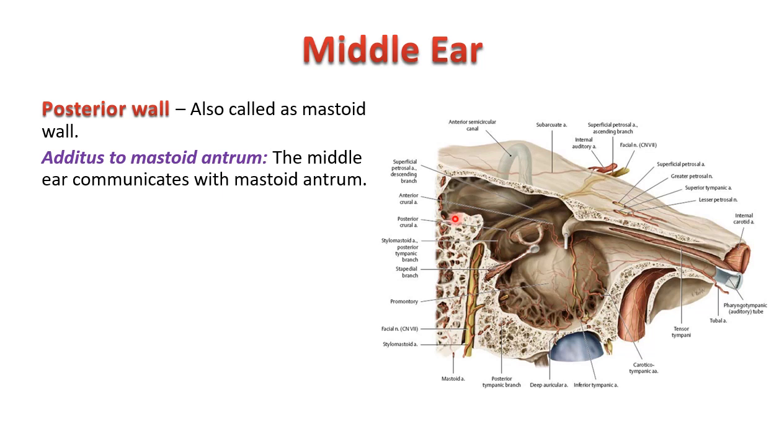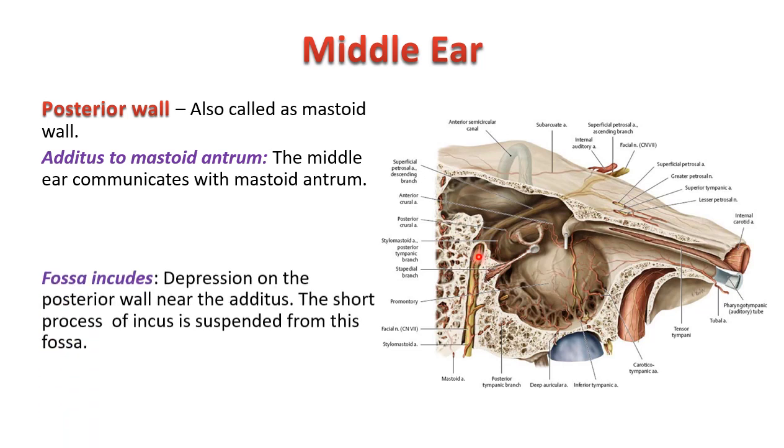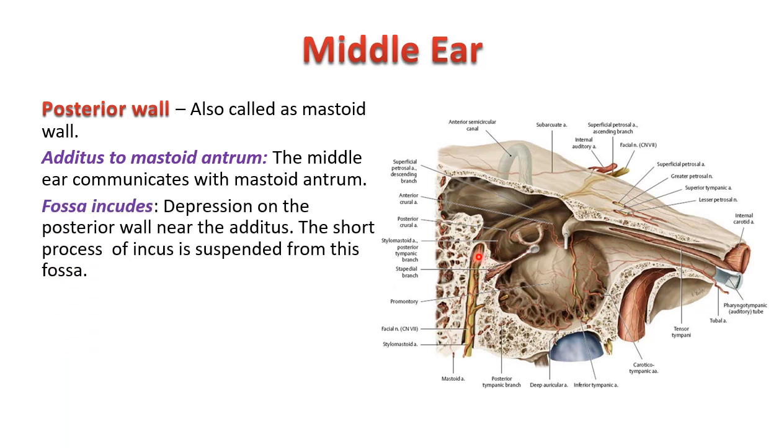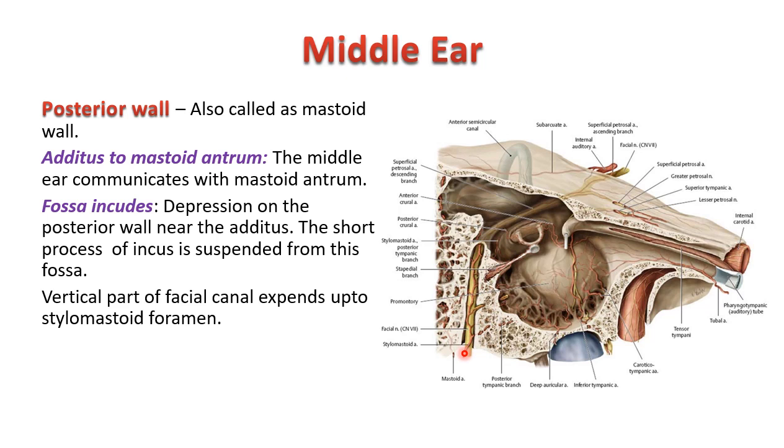Then another feature you come across is the vertical part of the facial canal, inside which the facial nerve is descending up to the stylomastoid foramen, through which the facial nerve emerges out of the skull.